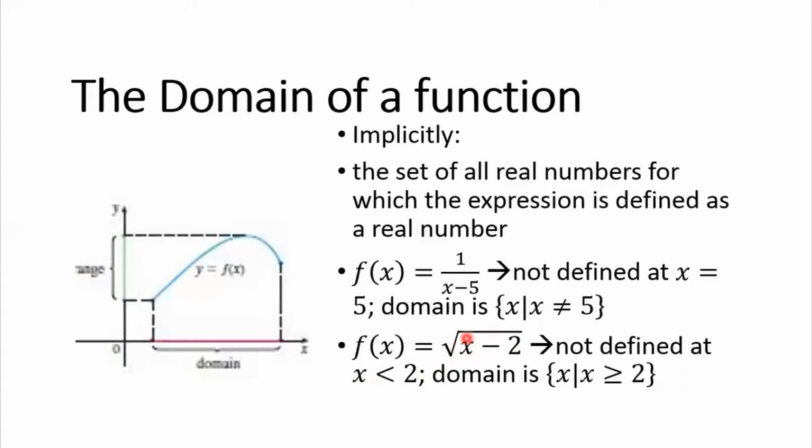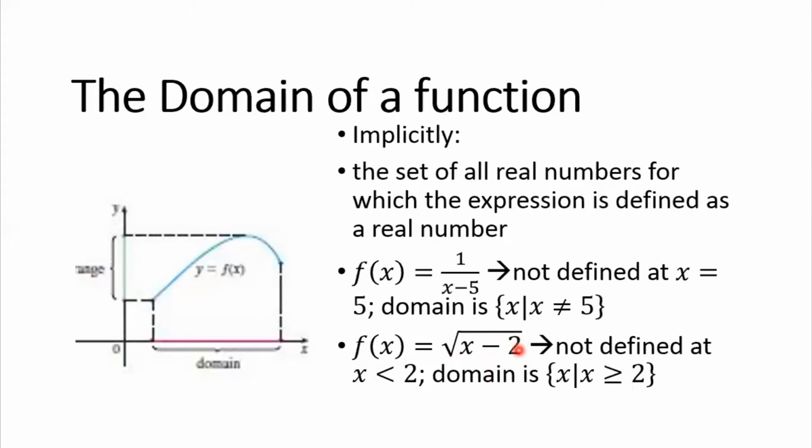But it is defined if x is greater than or equal to 2. For example, if x is equal to 2, square root of x minus 2 is equal to what? 2 minus 2 is 0, so square root of 0 is 0, so it's a real number and it is defined. If x is equal to 3, for example, square root of 3 minus 2 is equal to 1, so we have square root of 1, which is equal to 1.